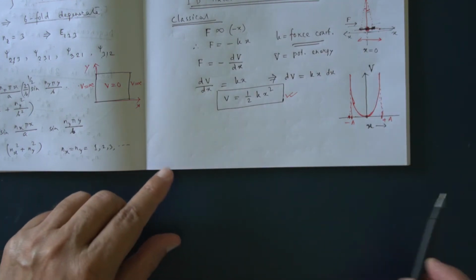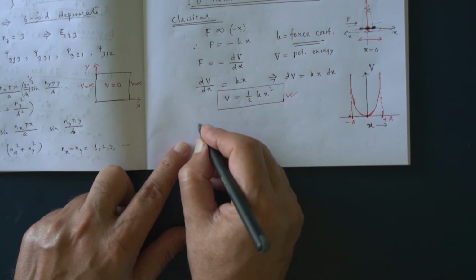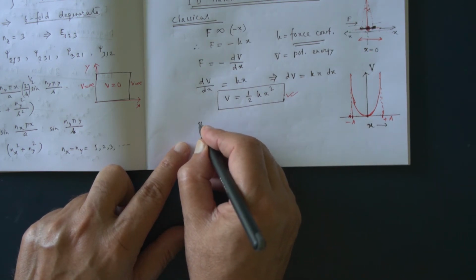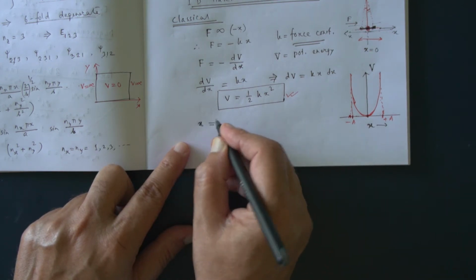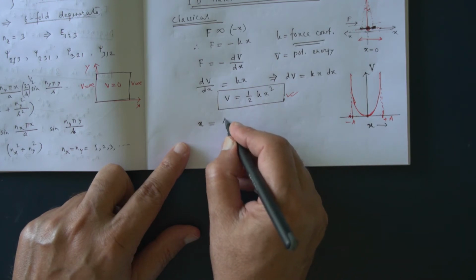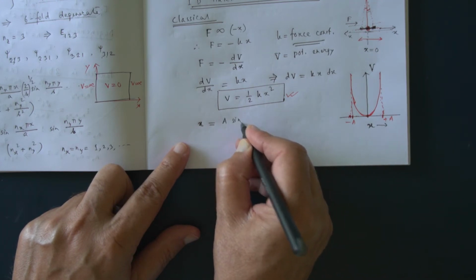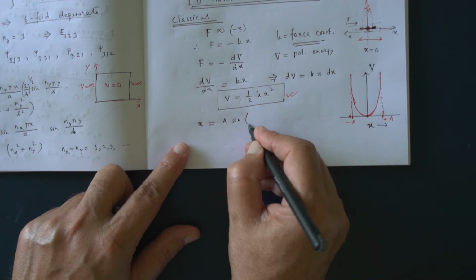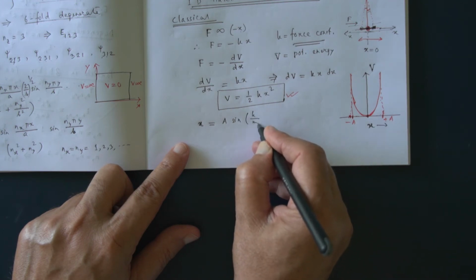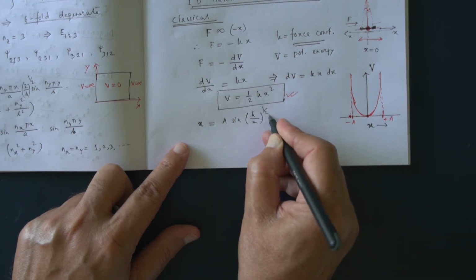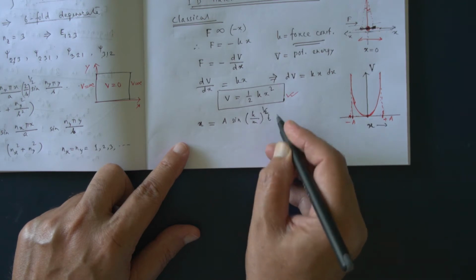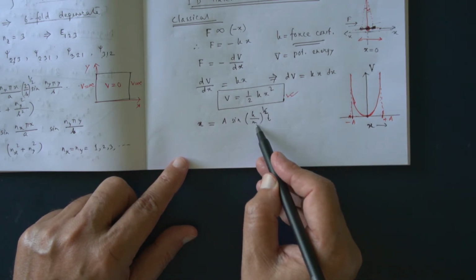Then we can also find an expression like x equals a sine of (k/m) to the power half times t, the force constant by mass.